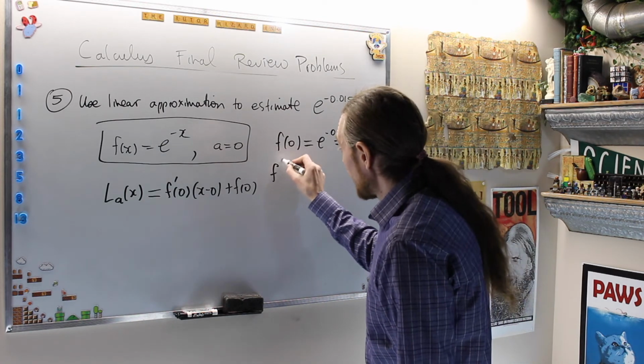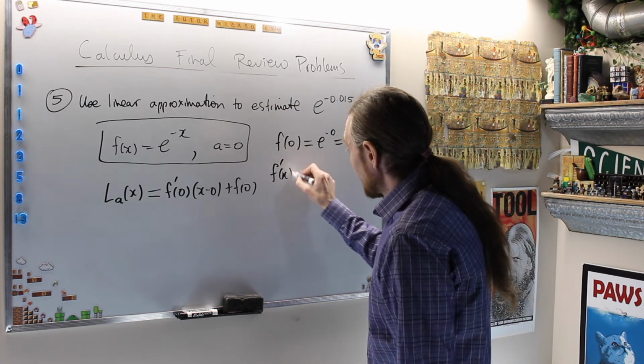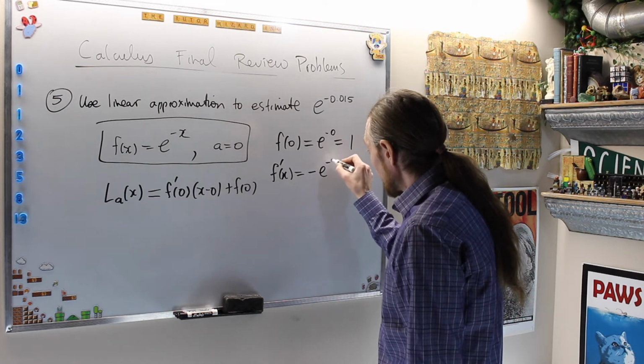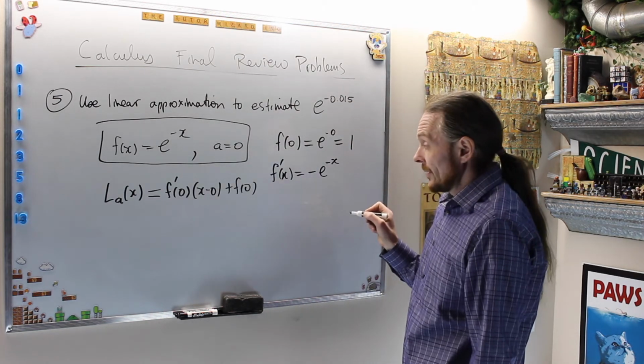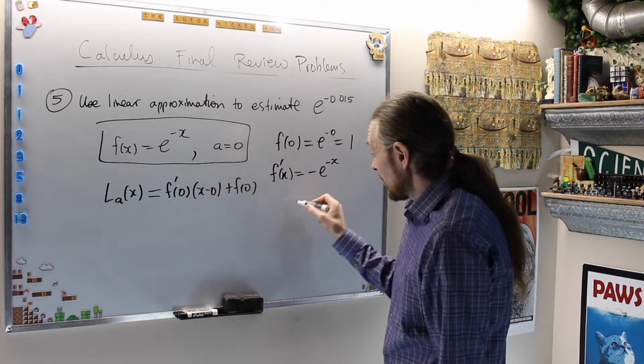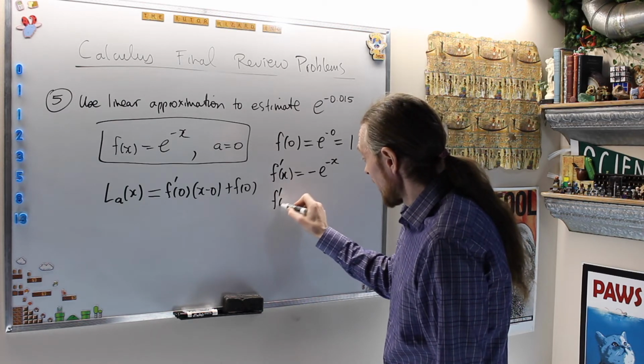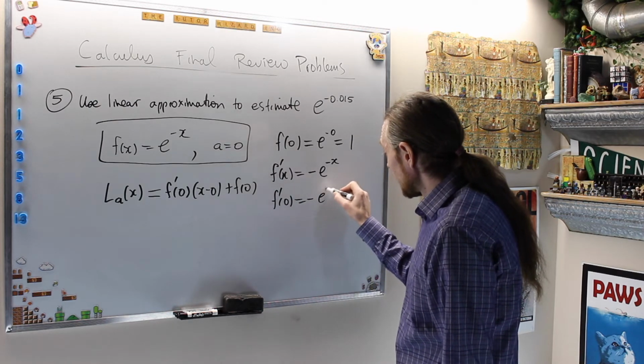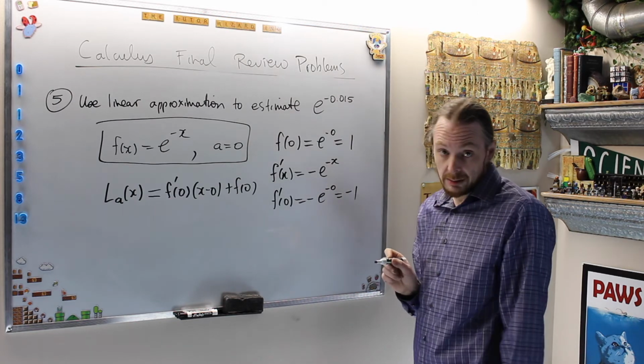And the derivative f prime of x is equal to -e to the -x, by the chain rule. And so f prime of 0 is equal to -e to the -0, which is -1.